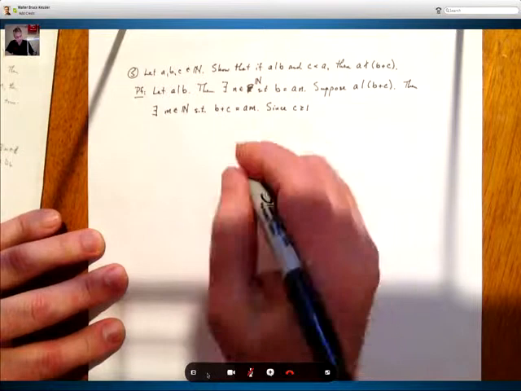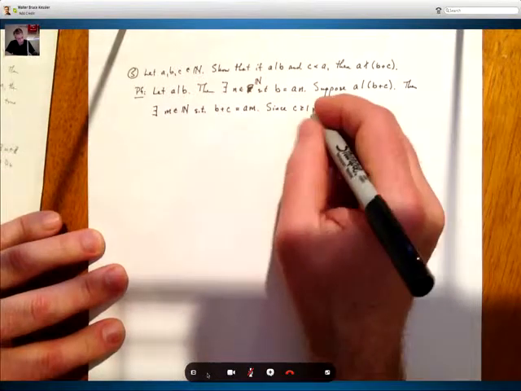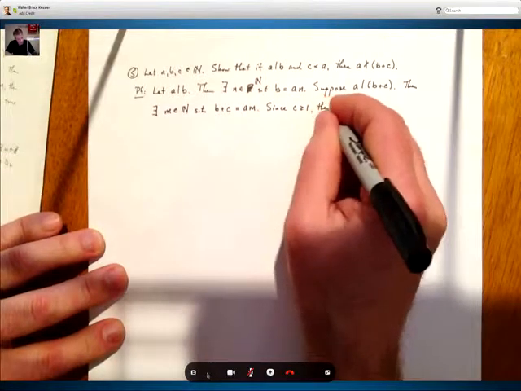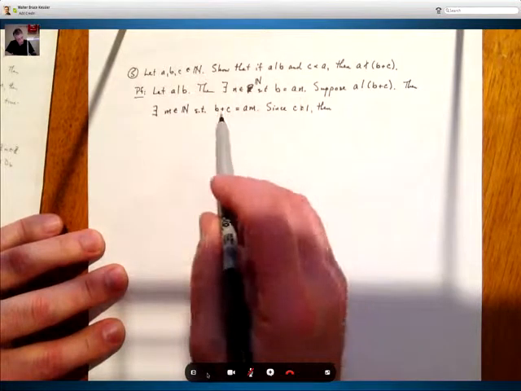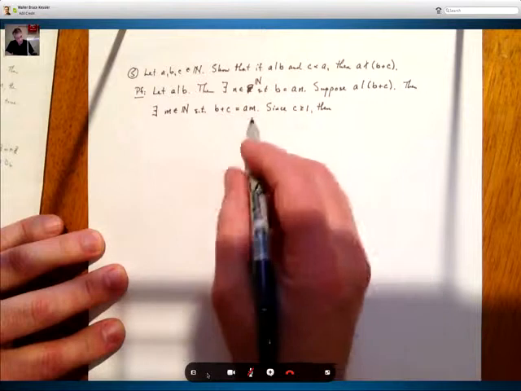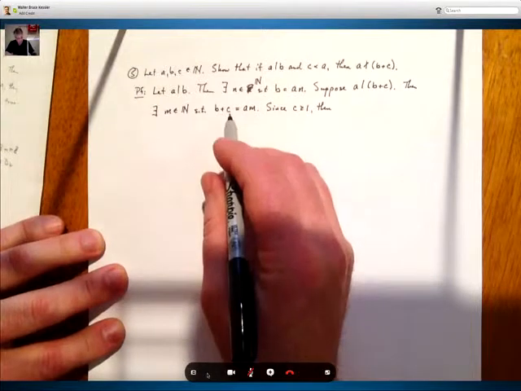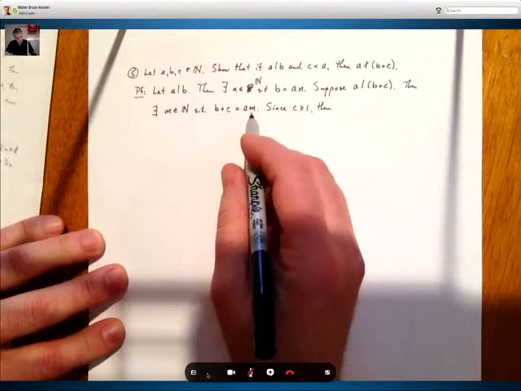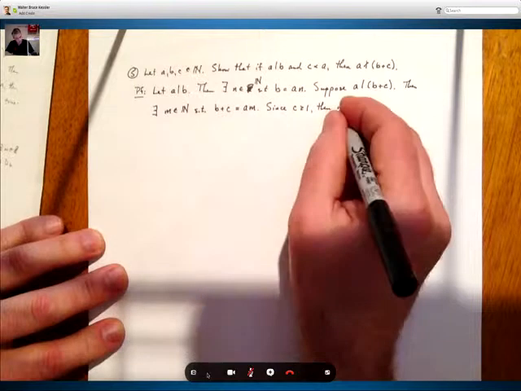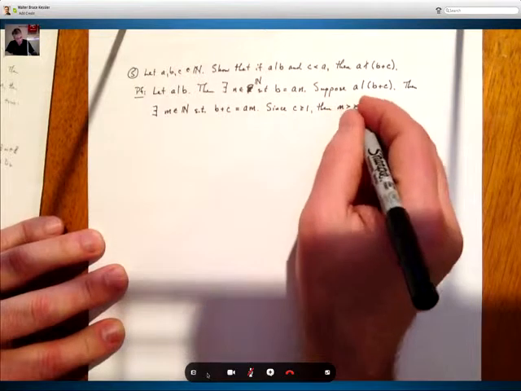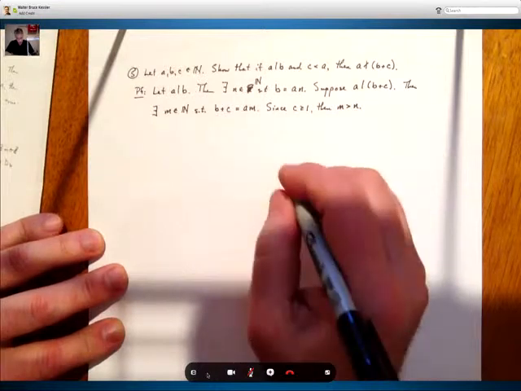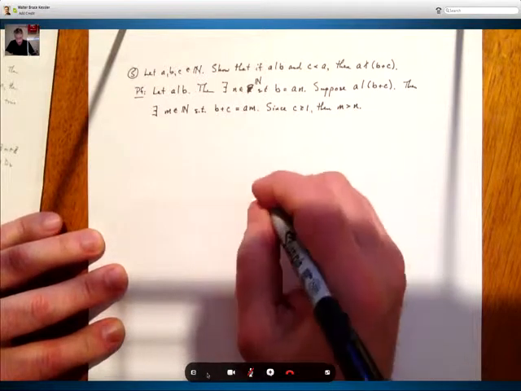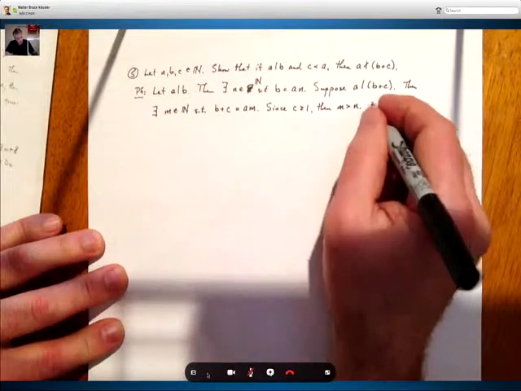Since C is 1 or bigger, it's a natural number, then I've got B is equal to AN, I've got B plus C is equal to AM. That tells me that C is 1 or bigger, so M has to be bigger than N. Okay, and that's kind of important later on.